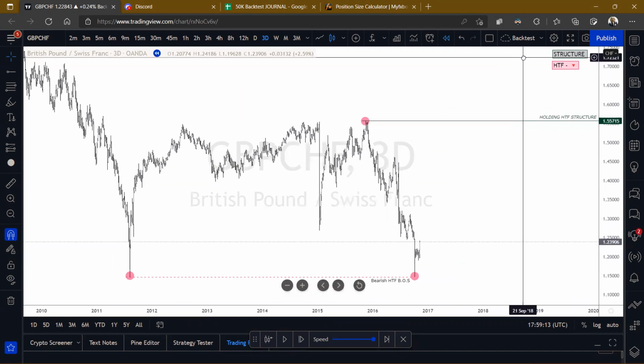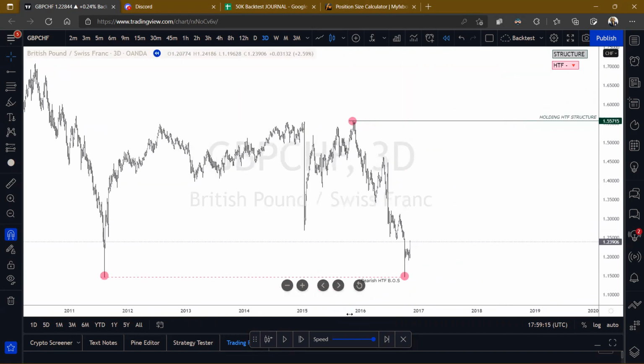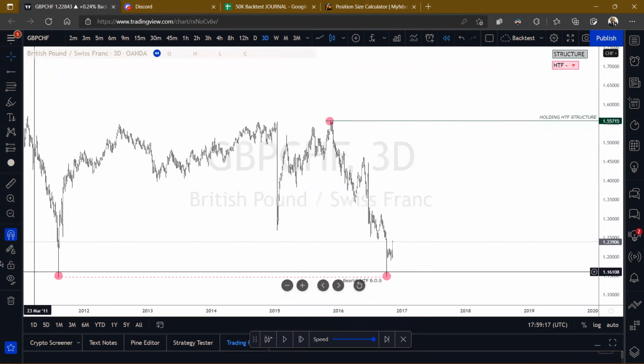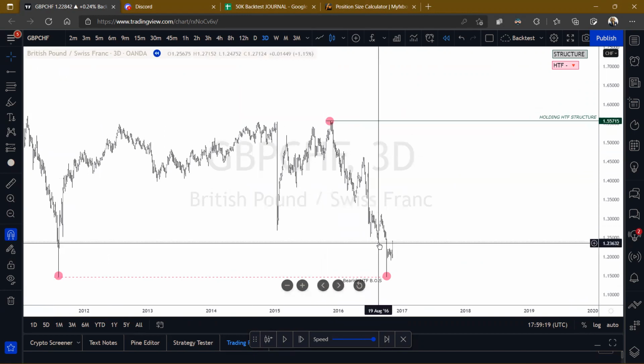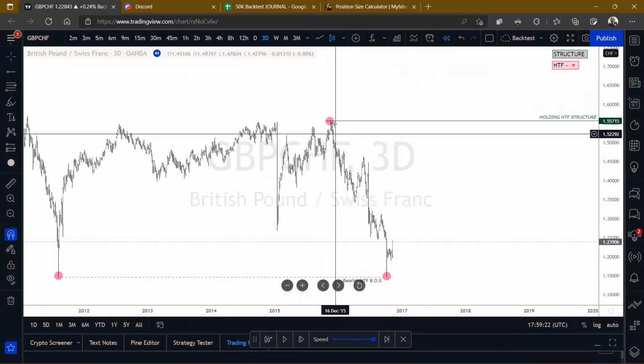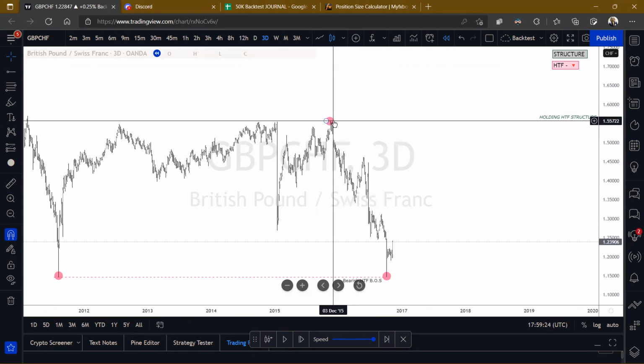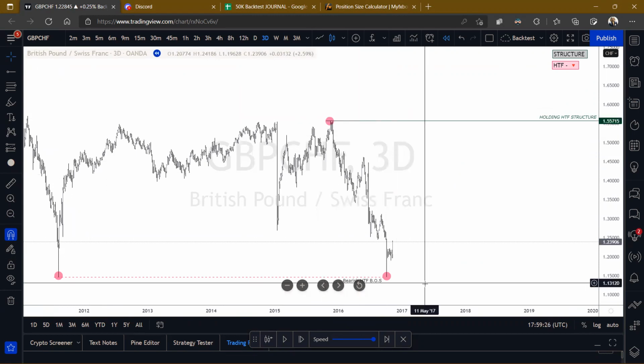We can also see at this point all three of them are bearish. High time frame is bearish, lower time frame is also within this leg, and intraday also.